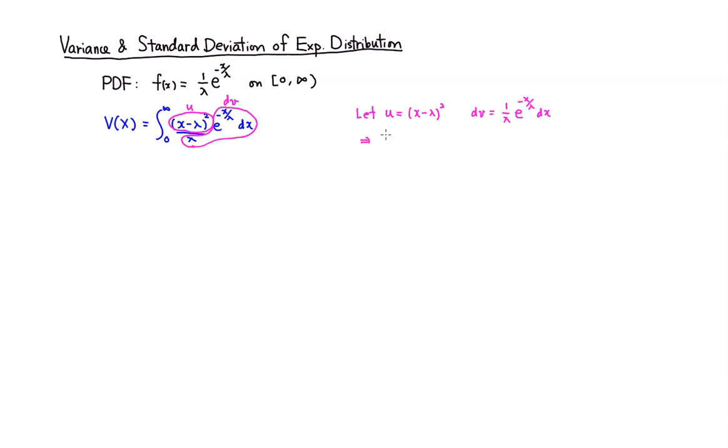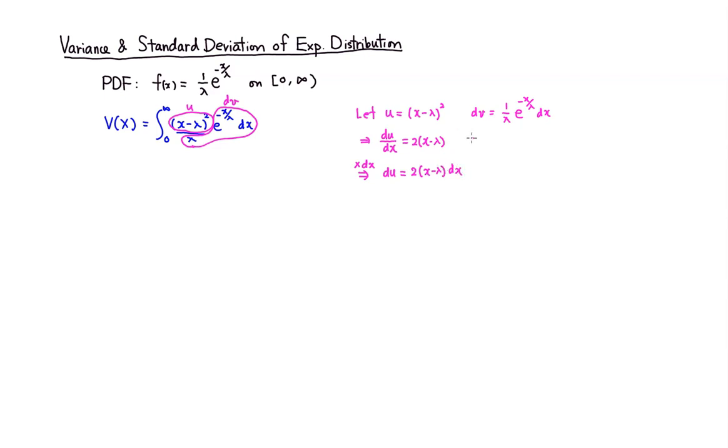We take the derivative, so du over dx is equal to 2 times the quantity x minus lambda, and the derivative inside is 1, so times 1. Then we multiply through by dx to get du. So du is 2 times the quantity x minus lambda dx.